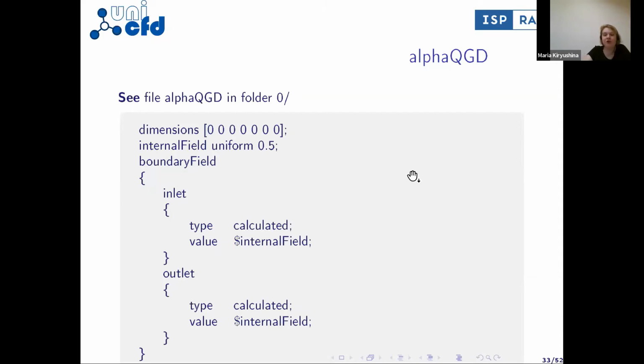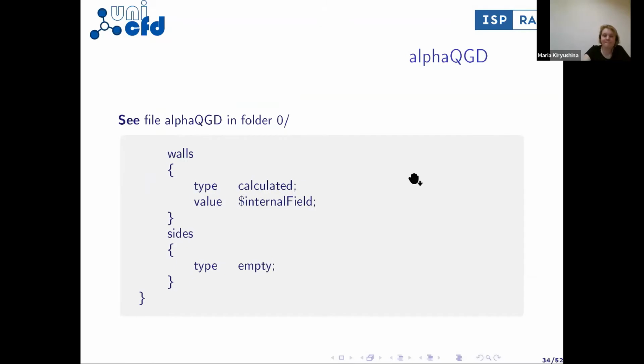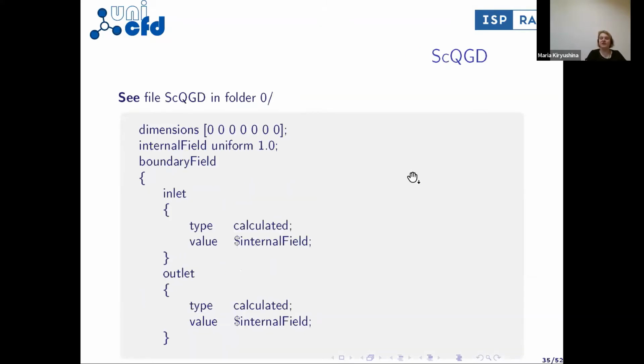For the inlet, outlet, and walls, values are taken from the internal field. Also, we will consider the dictionary for the Schmidt number. As the Schmidt number is also non-dimensional, we have 0 everywhere. Inside the field, it equals 1, and on the walls, it equals 0.